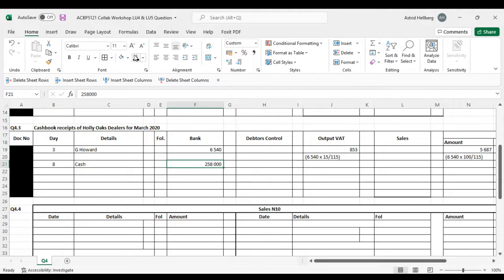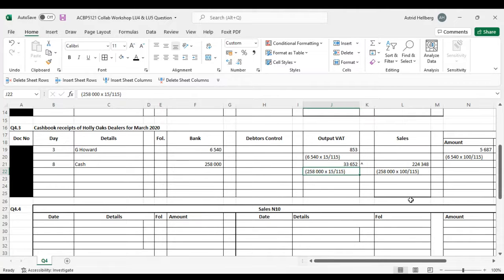Now, what we have to do is we have to go work out the output VAT and the sales that relates to that sale. Okay, so the output VAT is the 258 times 15 over 115, whereas the sales is the VAT exclusive amount, which is the 258,000 times 100 over 115.